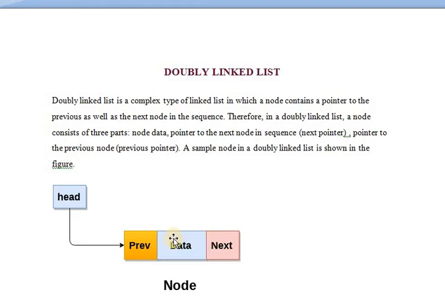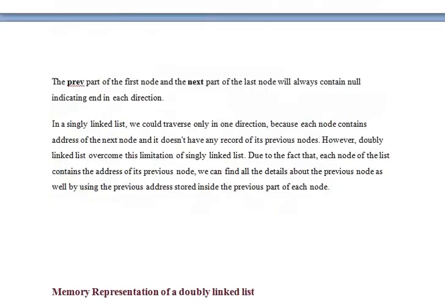For example, if I declare the data as an integer, it occupies 4 bytes, and the next part also occupies 4 bytes, totally 8 bytes. But here there are three things: the previous part also points to the previous node address, so the memory used exceeds that of a singly linked list.